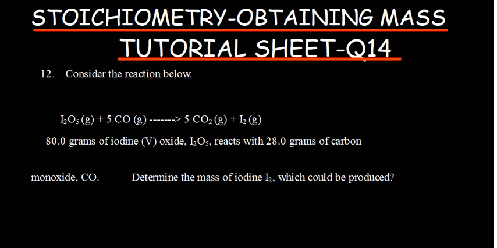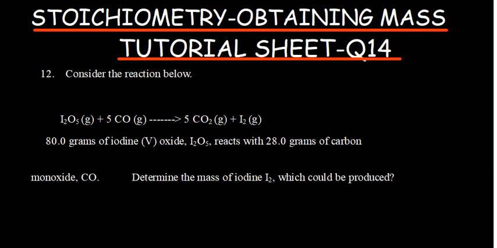I think I stressed much in the previous lesson that you have first of all to understand that a chemical reaction can have a reactant that is limiting and a reactant that is in excess. And for us to produce the product, it is entirely dependent on the compound that was in the limiting state.